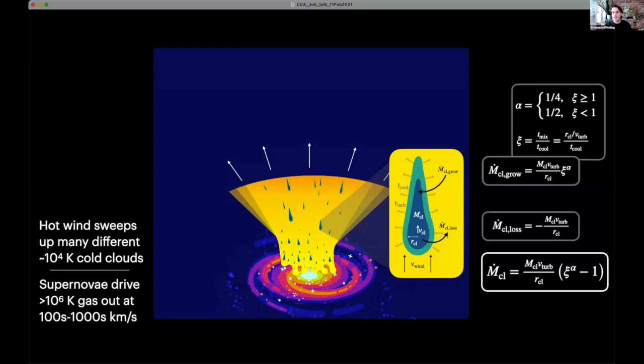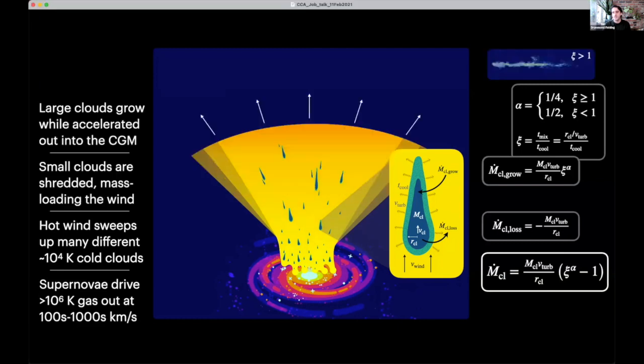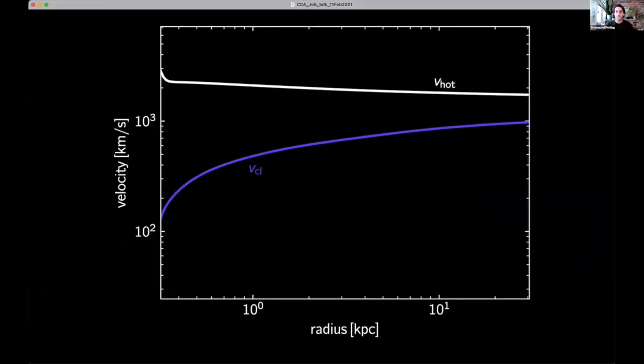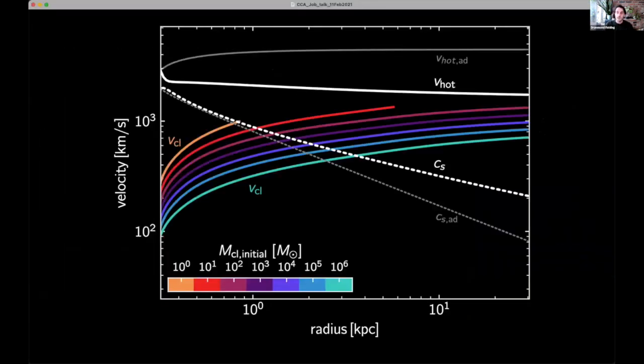I'll show one of these plots at group meeting tomorrow, but this is a huge cloud down here, this cyan color. It's 10^6 solar masses, and it's gaining mass for the first 2 kiloparsecs or so. And then out here, it's actually losing mass.